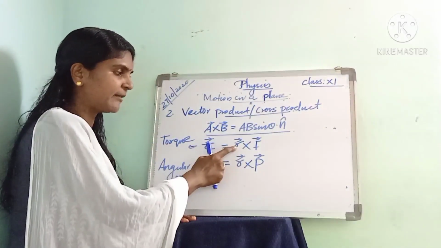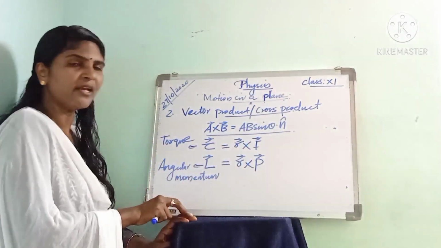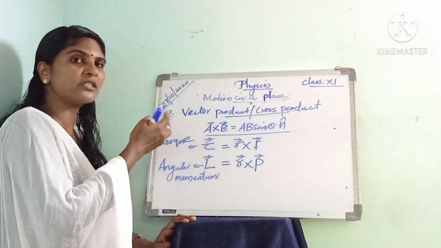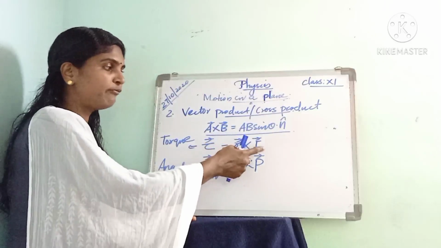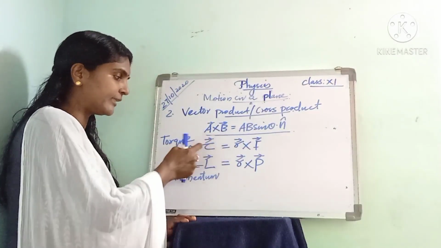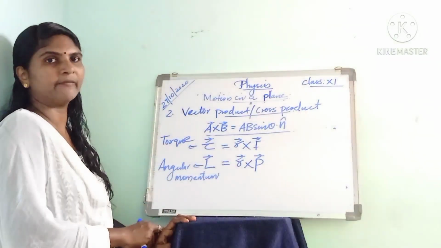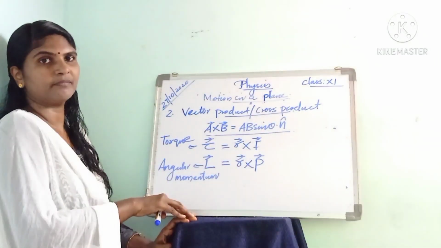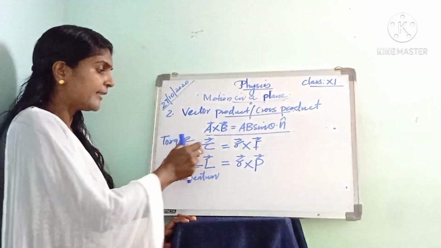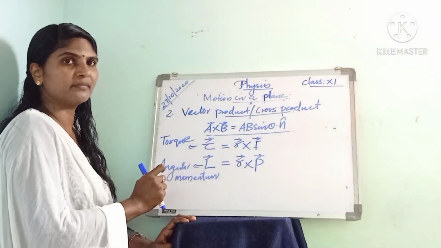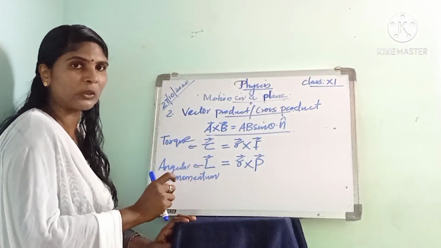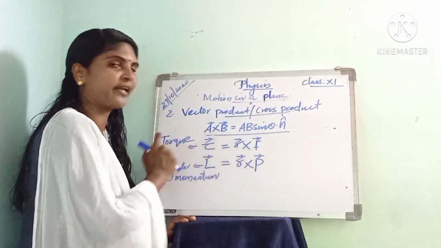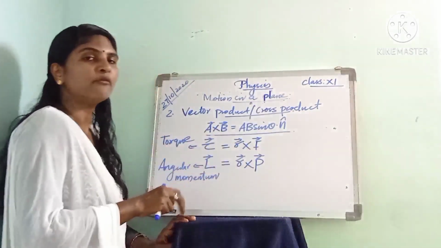Here R represents the position vector and F represents the force. In linear motion it is force, but when we come to rotational motion, instead of force we use the term torque. It is analogous to force. So the torque, tau, this symbol is called tau, can be represented as the cross product of position vector and force.